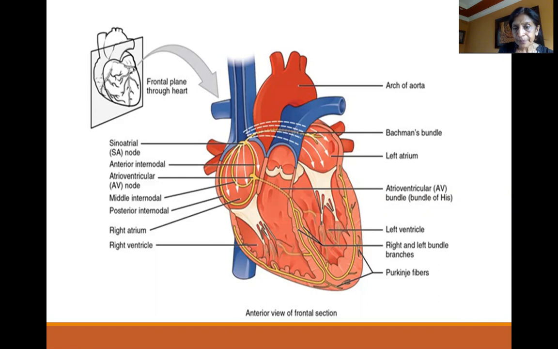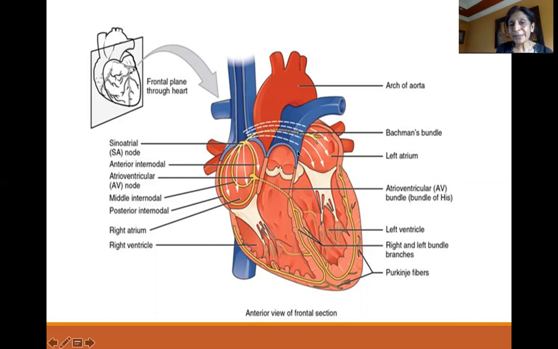Bundle branches pierce through the interventricular septum and then branch off to become Purkinje fibers. These are fine branches. They are present throughout the ventricular wall on both sides. So that is how you basically spread the electrical signal throughout the heart.